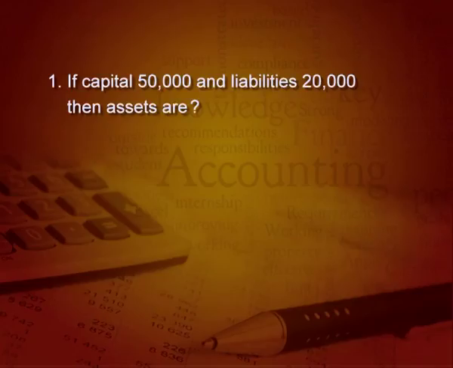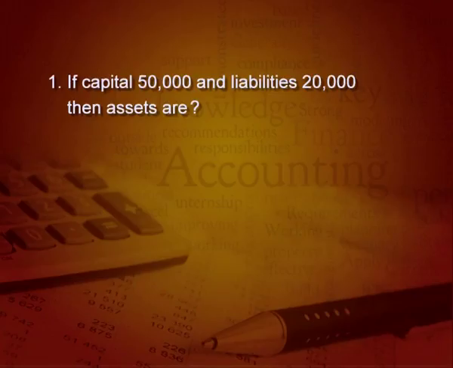Let us check your knowledge whether you have understood or not. If capital is 50,000 and liabilities are 20,000, then assets are how much? Yes, 70,000, because capital plus liability is equal to assets. Next point.